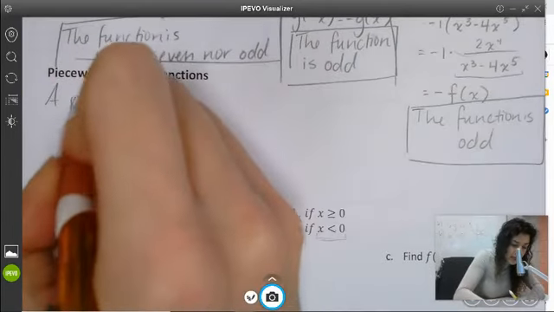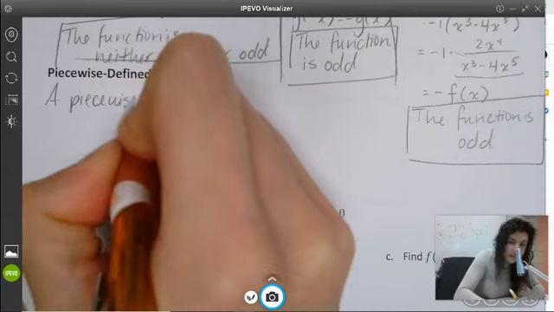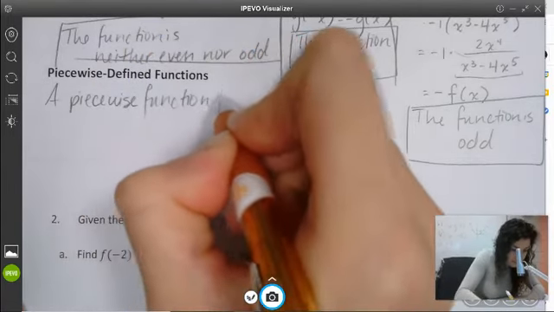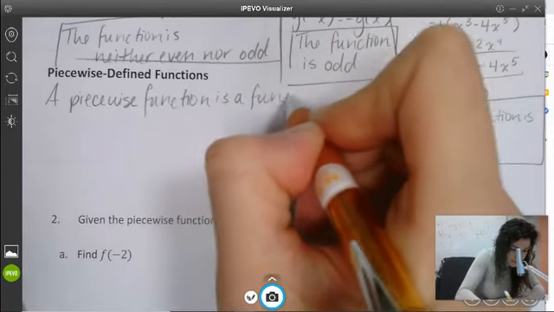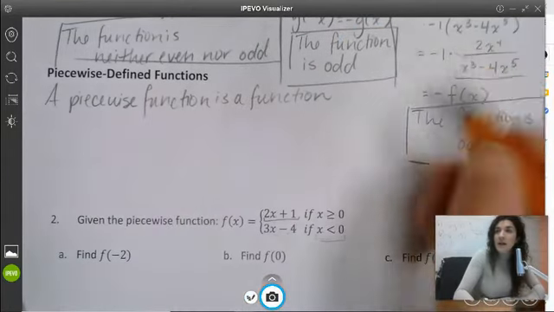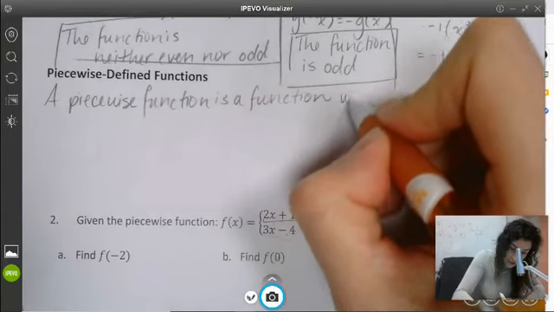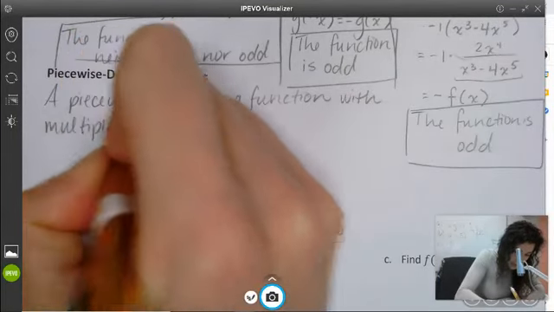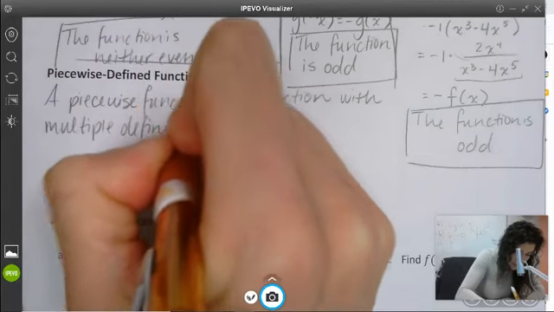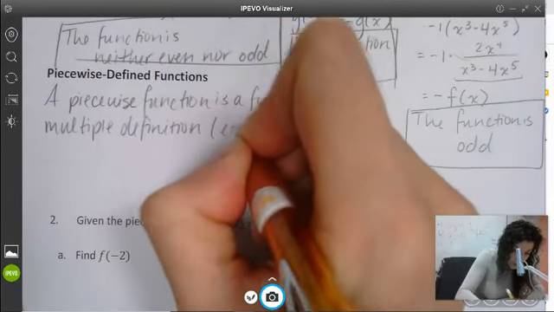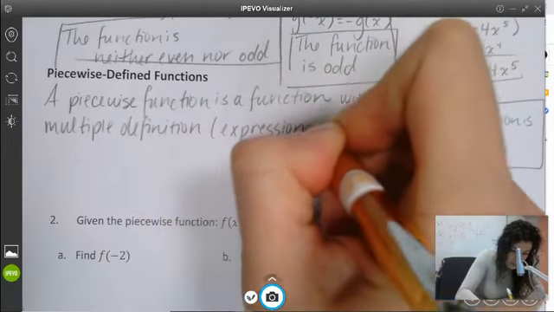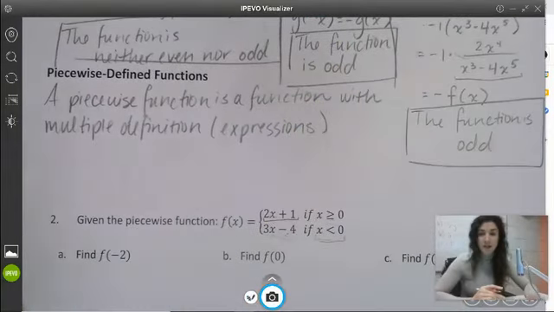Your official definition: a piecewise function is a function with multiple definitions. By definitions here, we mean equations or expressions. So that's your 2x plus 1 and 3x minus 4.